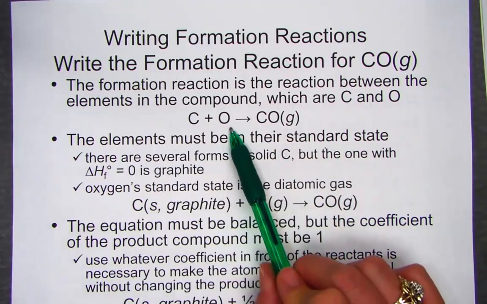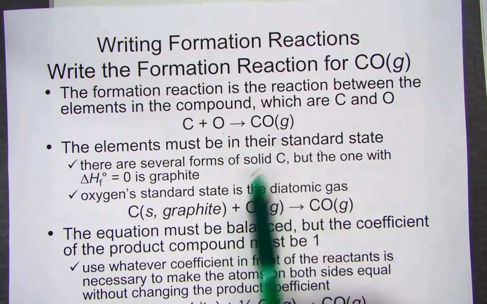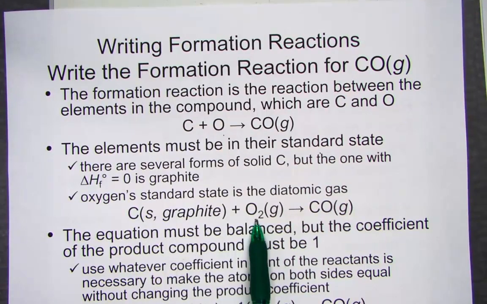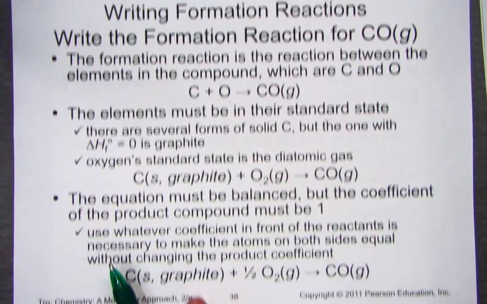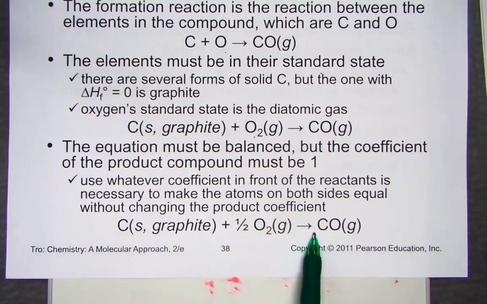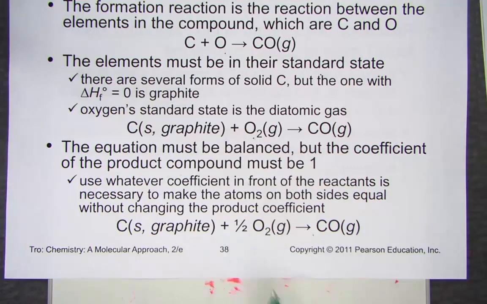We do not find oxygen as an atom in nature. It's too unstable. Instead, we find it as a diatomic gas, and we use the molecular form of oxygen to create compounds. And notice what they've done here to keep it balanced, to produce just 1 mole of carbon monoxide. We took half a molecule of oxygen and combined it with carbon in the graphite form.